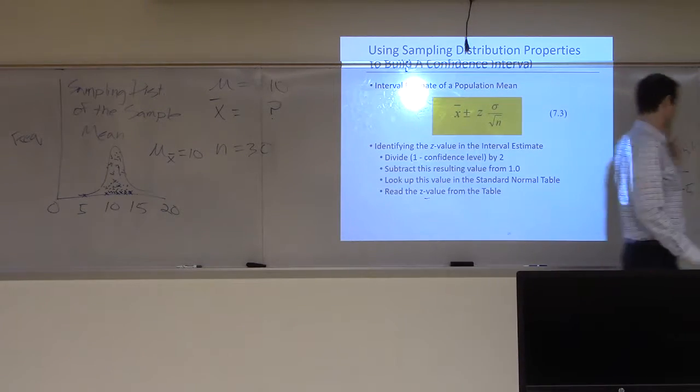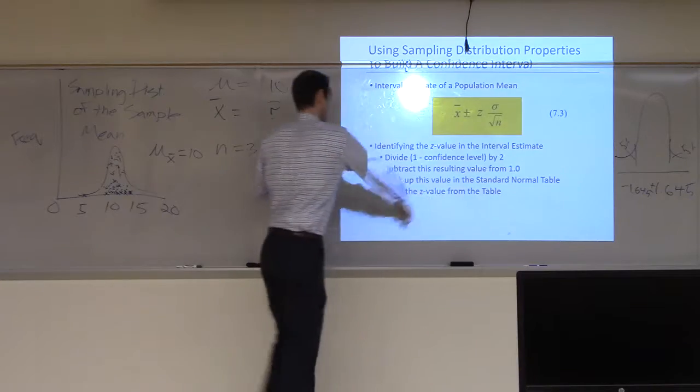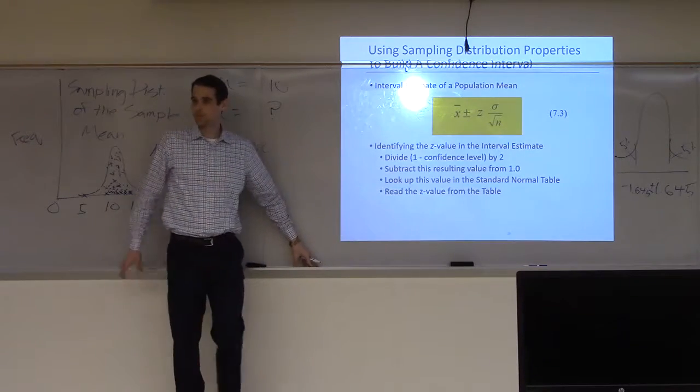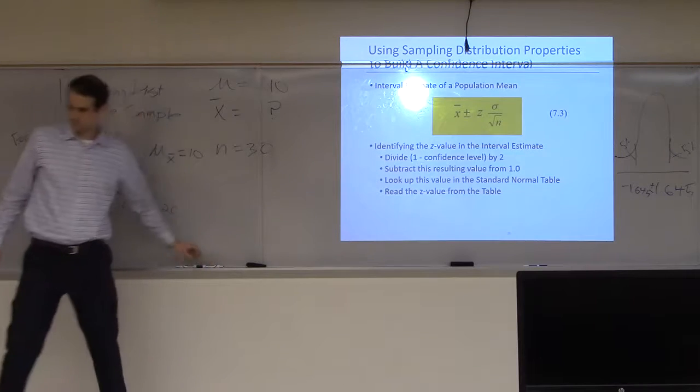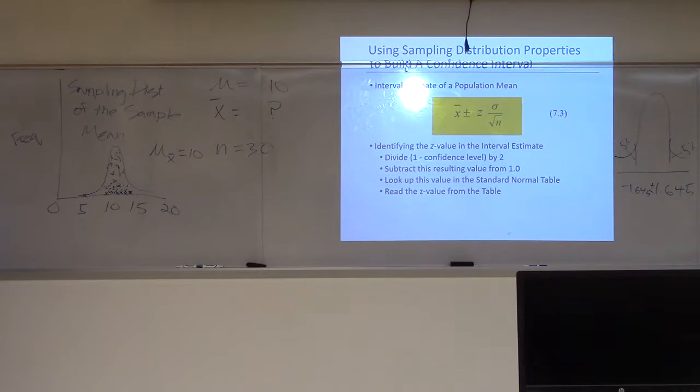Can I ask a quick question? Yeah, go ahead. Let's say you were looking for a confidence level of 80%. Then you would put 10 on each side and look for 90 on here, correct? Yes, and that's how you would get that.